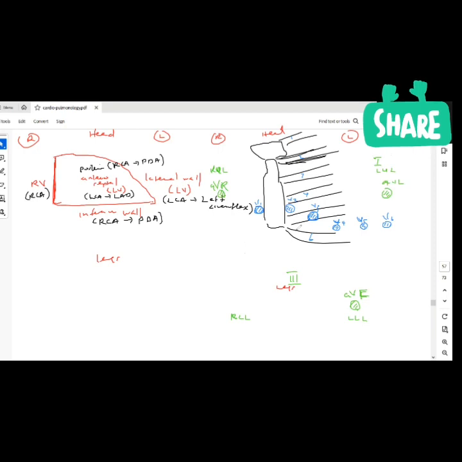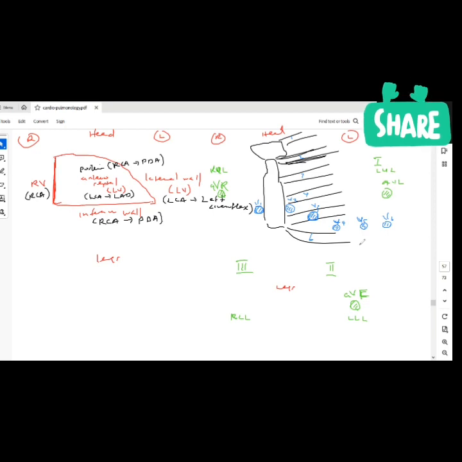Let me write this properly. Lead 3 here, inferior but closer to the right side, then lead 2 inferior but closer to the left side. So these are the locations of your leads.